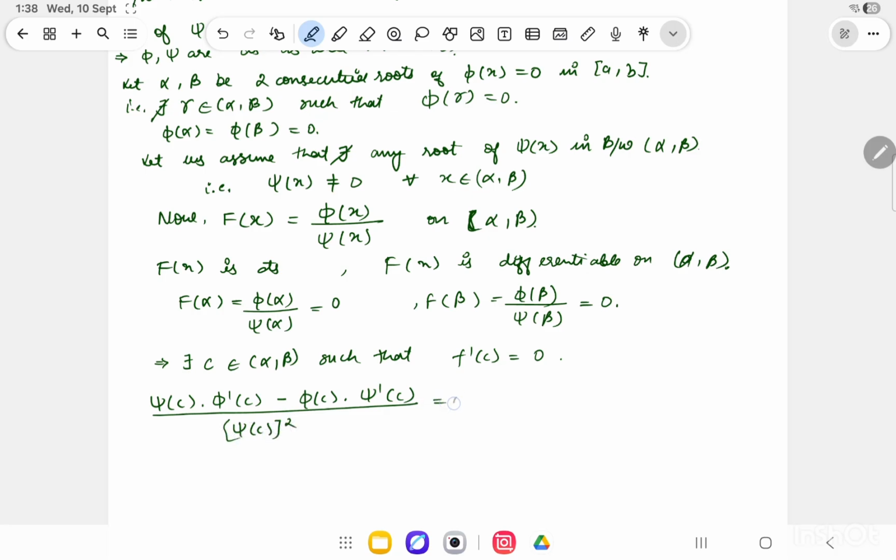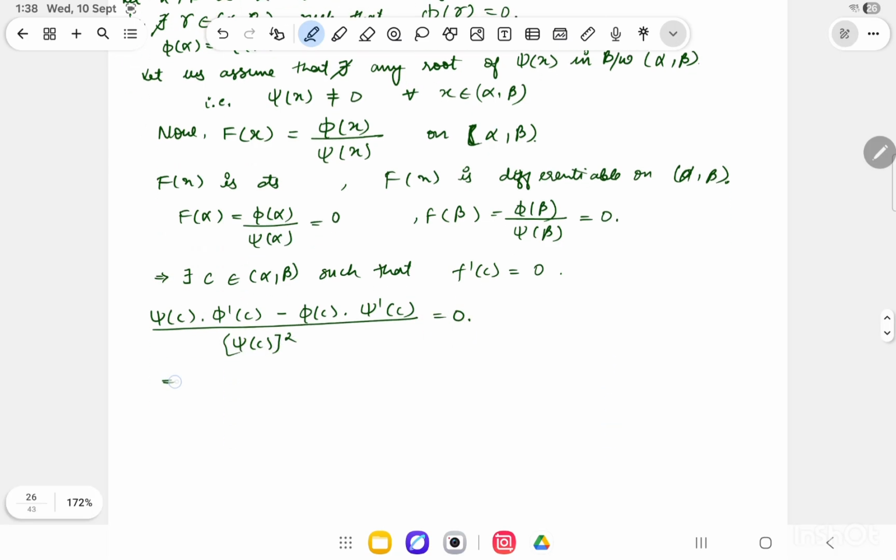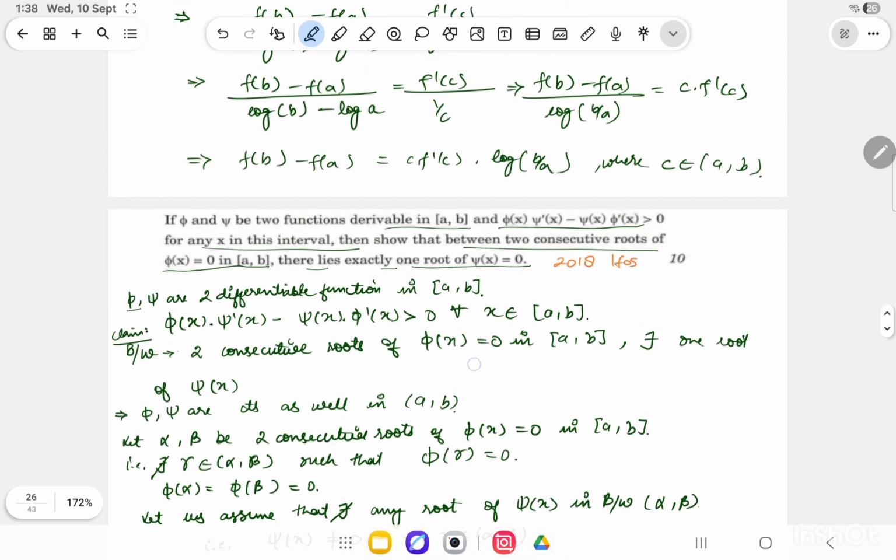This thing must be equal to 0. So from here I got phi c into psi dash c minus psi c into phi dash c is equal to 0, where c is lying in the open interval (alpha, beta). But in the question itself they have given us that phi x into psi dash x minus psi x into phi dash x is strictly greater than 0 for all x in the interval [a, b].